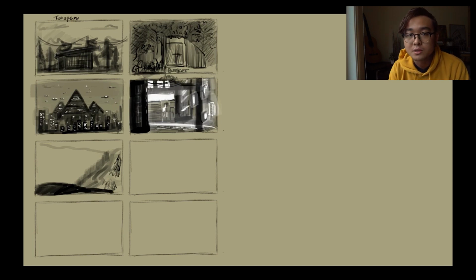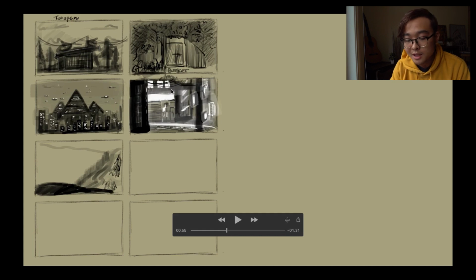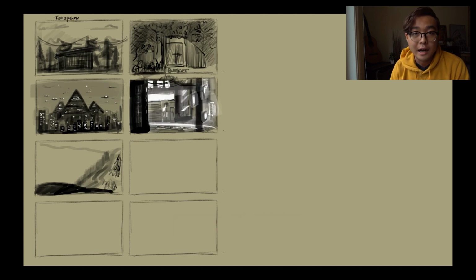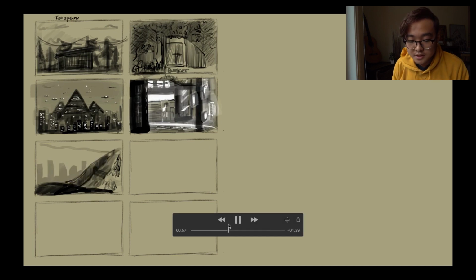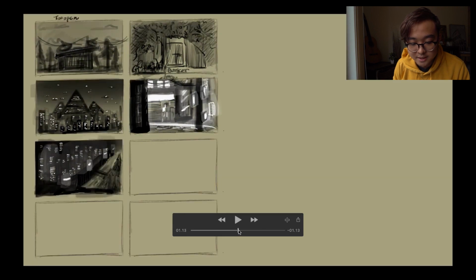You learn how to use colors, or you learn how to use the right values. And I'm not saying I'm a professional at this. My value sketches are completely garbage at this point, but I can learn from doing this that I need to improve my value scales.